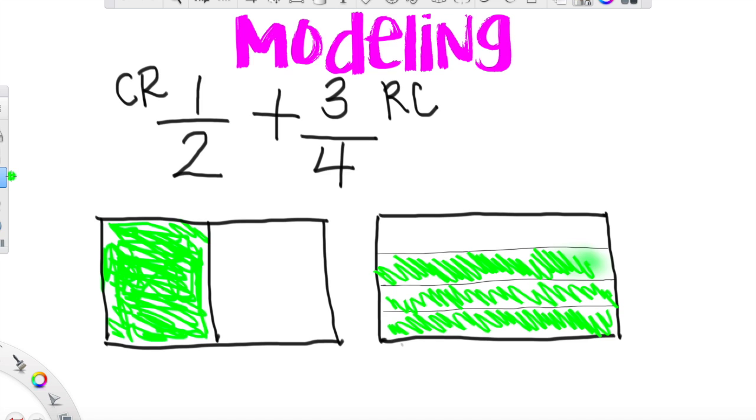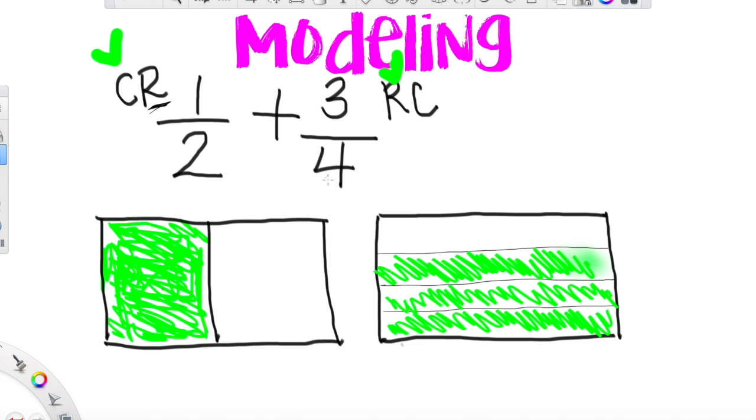Now, in order to reveal our common denominator, so I've shown our columns, we've shown our rows. We need to put our rows on top of our columns, and then we need to put our columns on top of our rows. How many rows are we putting on 1/2?